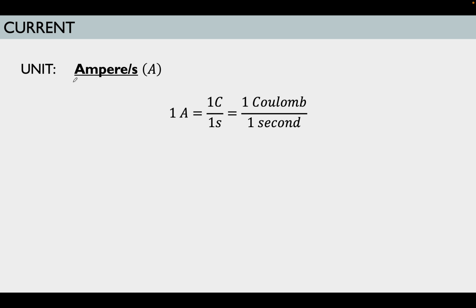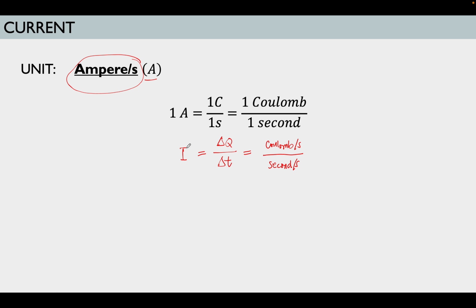The unit for current is the ampere or amperes, which is capital letter A. So 1 ampere is equal to 1 coulomb per 1 second, because again, our equation for the current I is equal to the change in the charge divided by the change in time. Charge is in coulombs, and delta t, the change in time, is in seconds. That's why 1 ampere is equivalent to 1 coulomb per second.